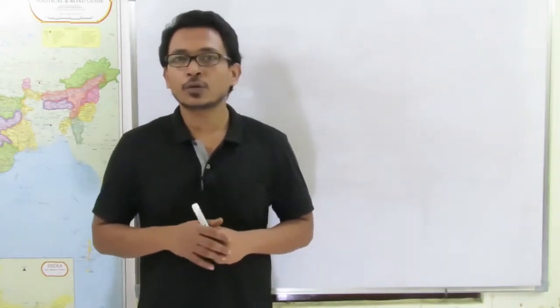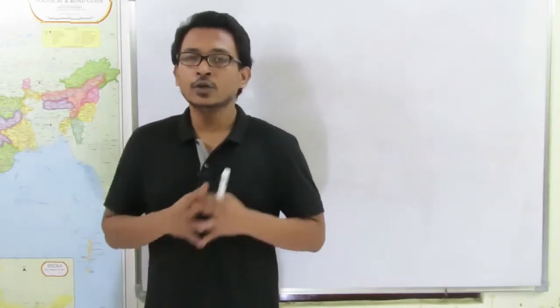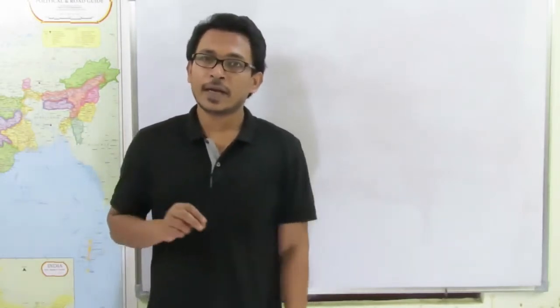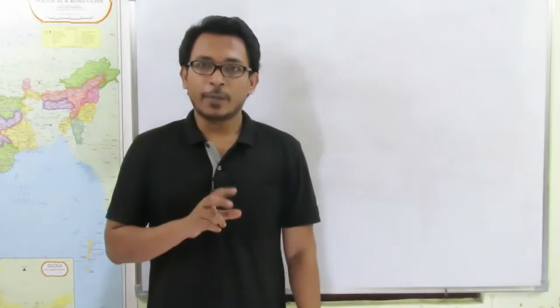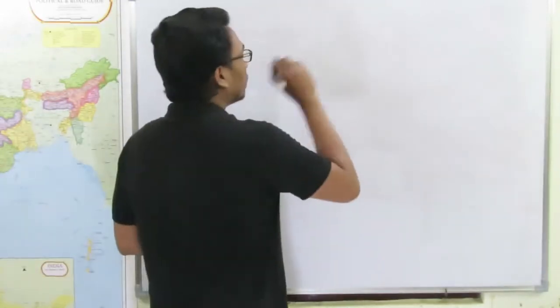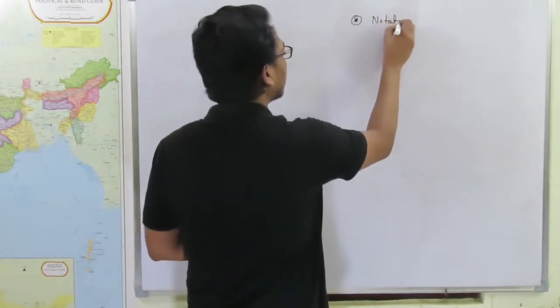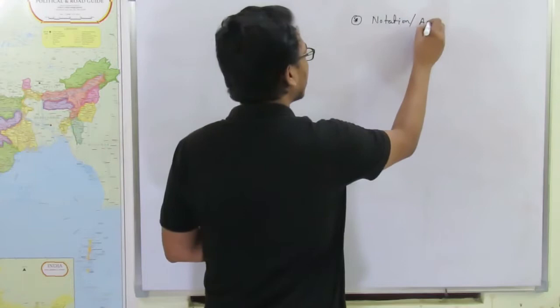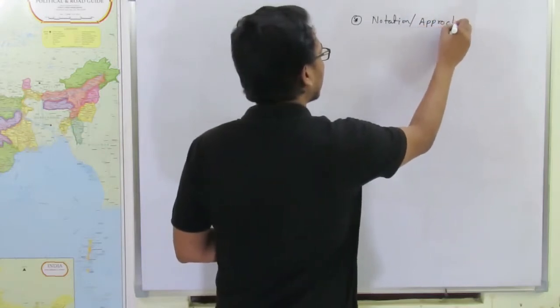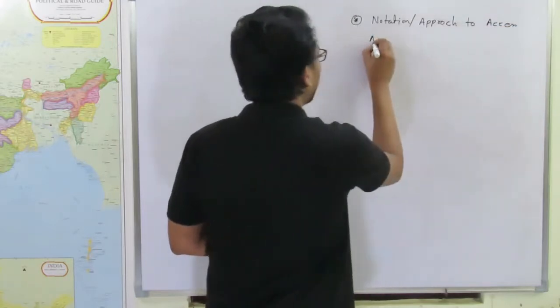Hello everyone, in this class we will learn how we can access elements from an array. To access elements from an array we have two different approaches. Any one of those two approaches we can use to access elements from an array. Clear? So the notation or approach to access array elements.